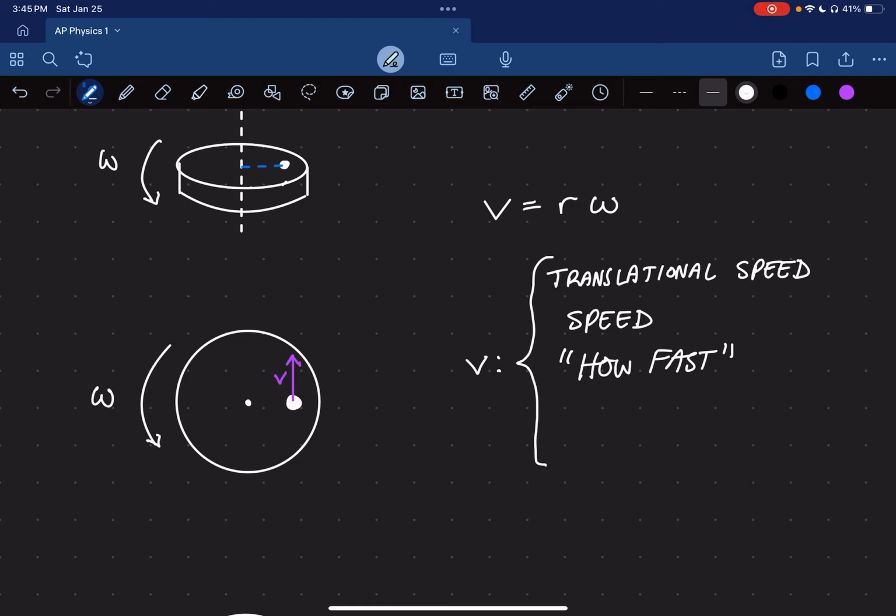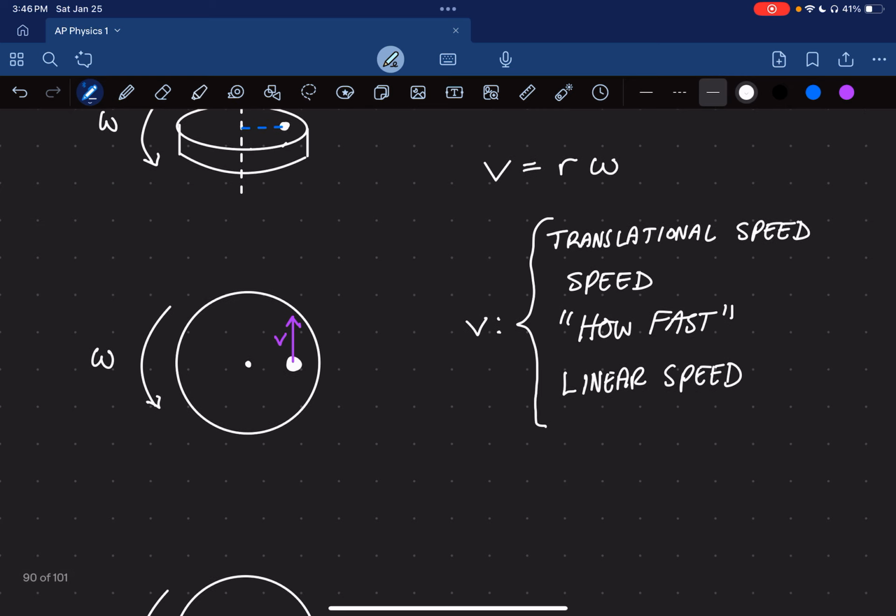If we say what's the speed of the object, we're talking about v. If I say what is angular speed, well, that's omega. But if it's any of these, and also linear speed, what is the linear speed? I'll refer to v.